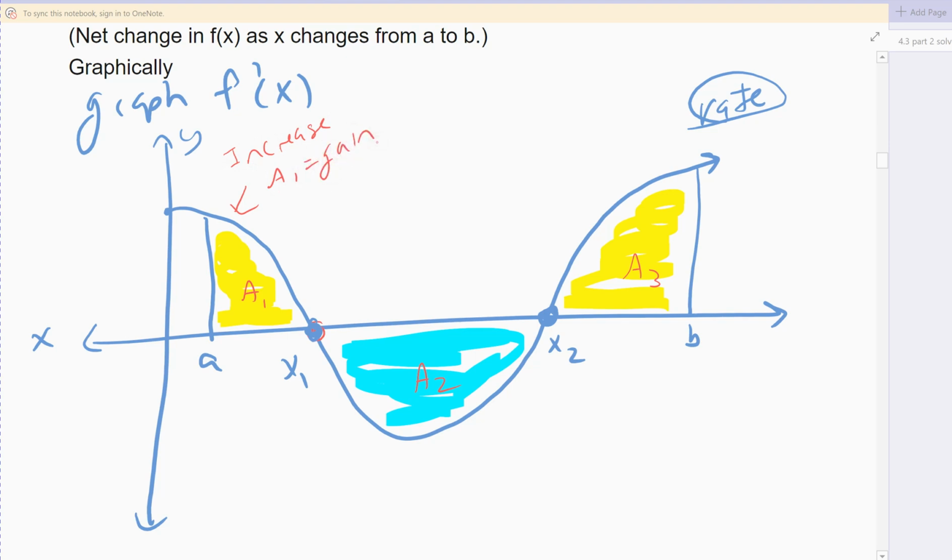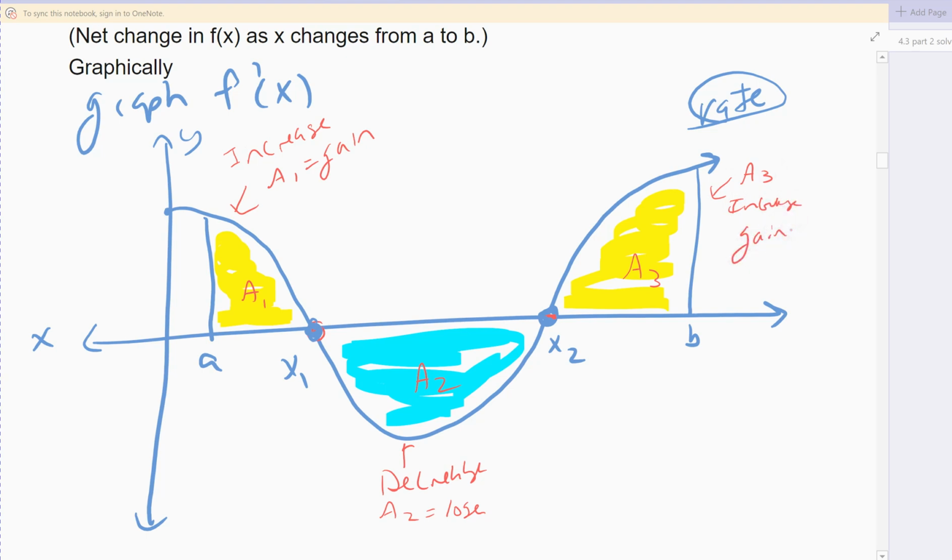I'm adding that area. Area 2 would be a decrease, right? My slopes are negative, it's a decrease. And so area 2 would represent a loss. I'm losing all of that blue area, whatever it represents. If it's profit, I'm losing profit. If it's population, my population is declining by that much. All right, and then I switch again to area 3 is again a positive area, so this is an increase. All right, so I'm gaining that much area, right?